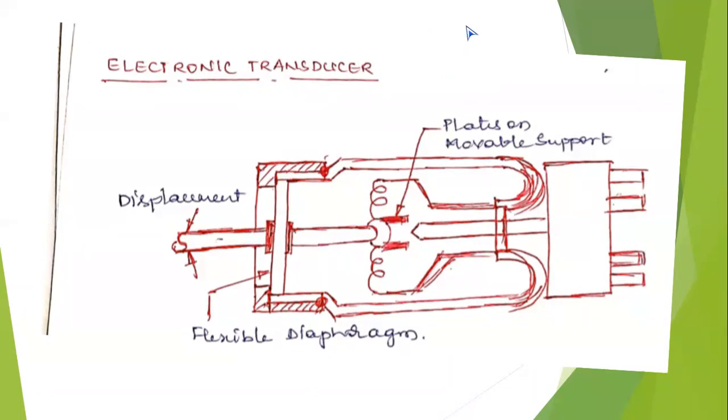Explain briefly with neat sketch the electronic transducer?